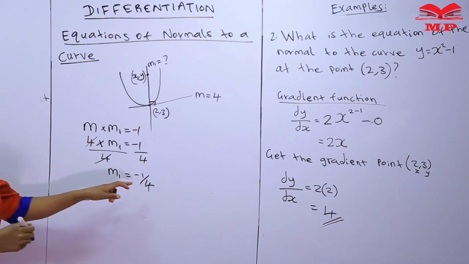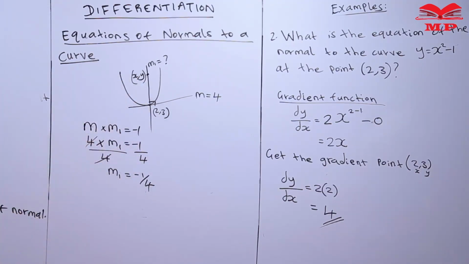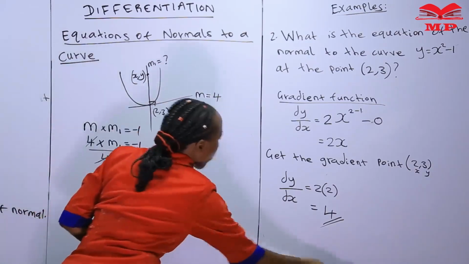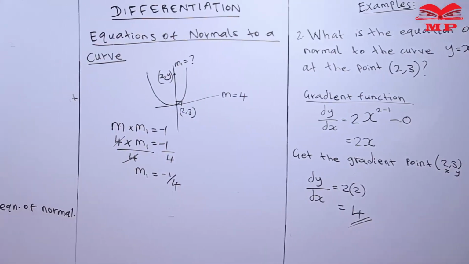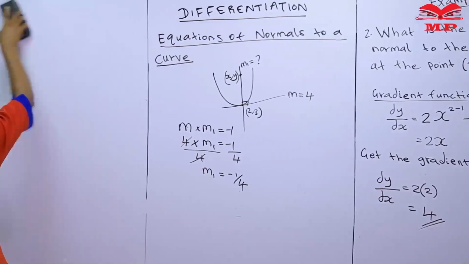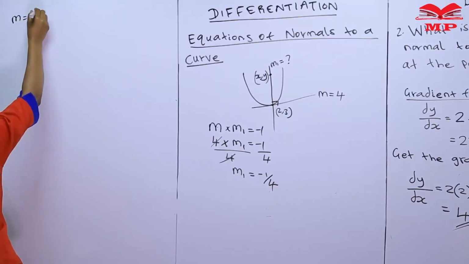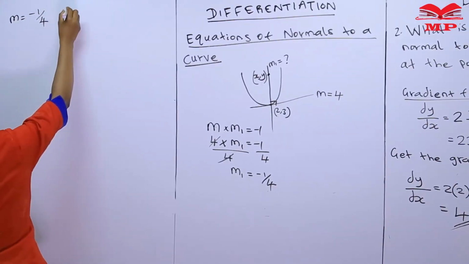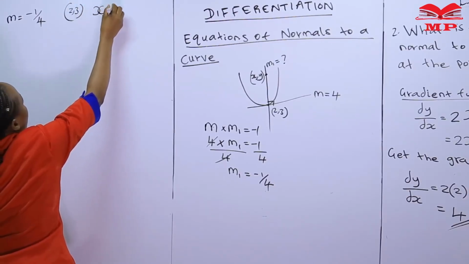Now we have the gradient, we have the point and the imaginary point. We use them to find the equation of this normal. We have the gradient, which is -1/4, the point (2, 3), and the imaginary point (x, y).